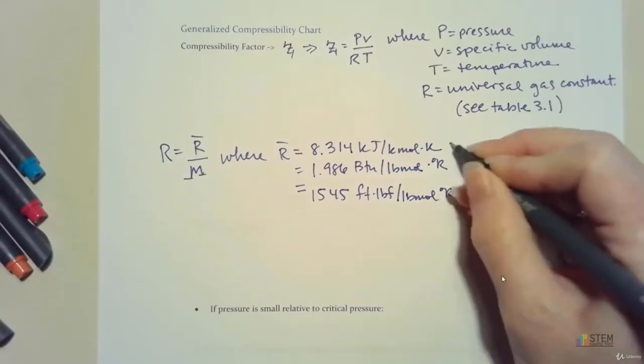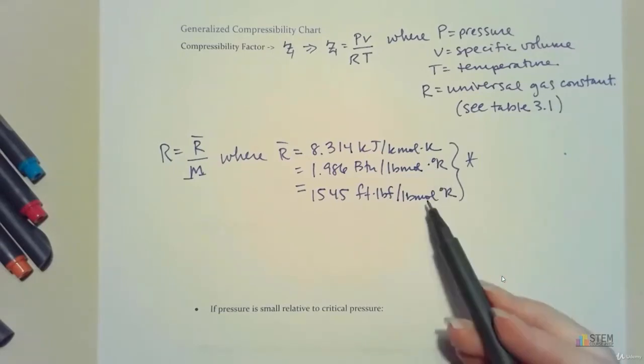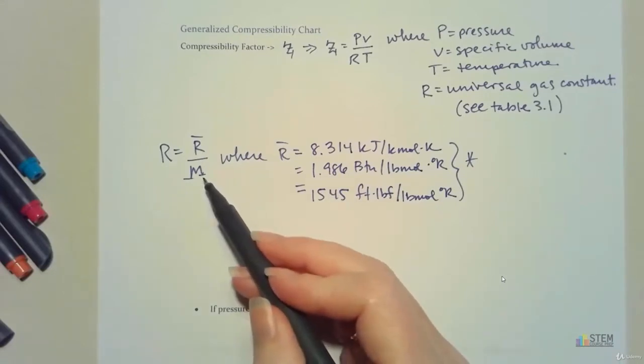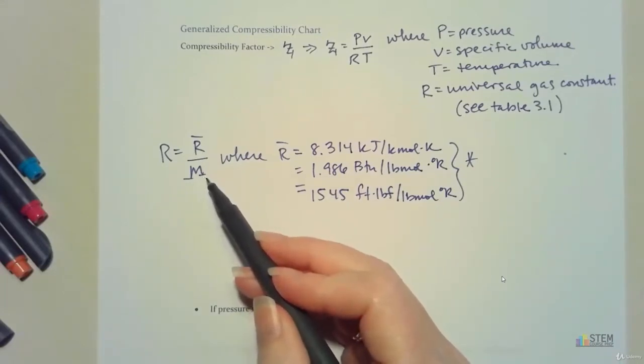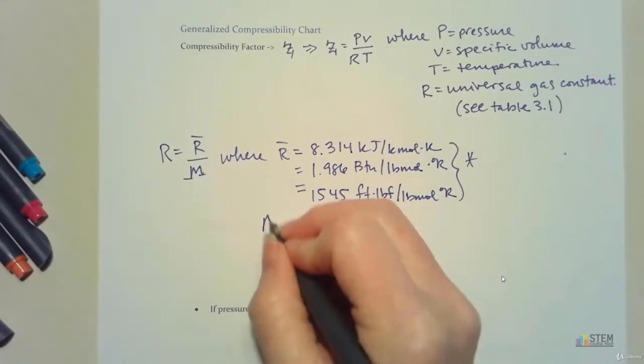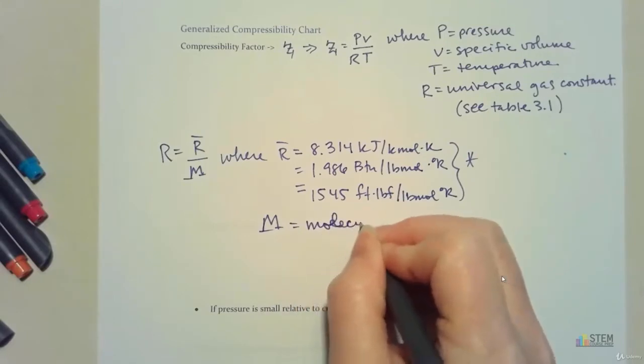And these values, you'll want to make sure you know where to find them, because you'll need them again, since not every substance we're going to use is going to be in that table. A lot of them are, but not all of them. So we're going to need these values. Now M, do y'all remember this one? We talked about this one a long time ago in chapter 1. M was molecular weight.